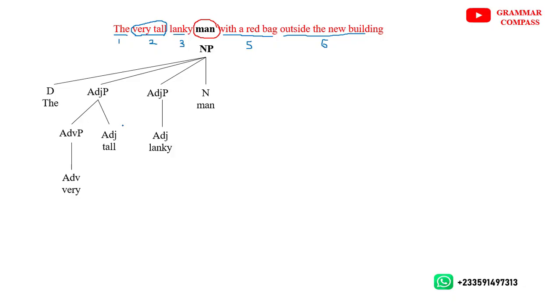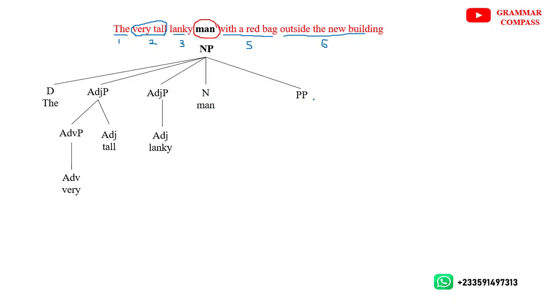Let us move on to our qualifiers. We have 2 main qualifiers, meaning we will have 2 immediate branch nodes. The first qualifier is with a red bag. So it forms a constituent within the noun phrase. With a red bag is a prepositional phrase that is modifying the noun head.